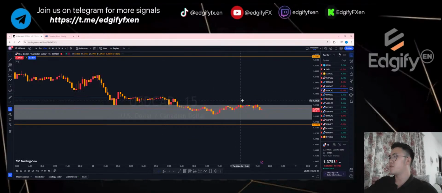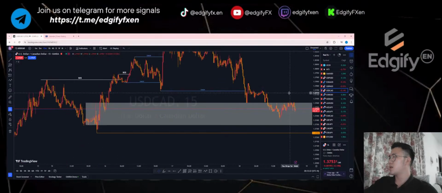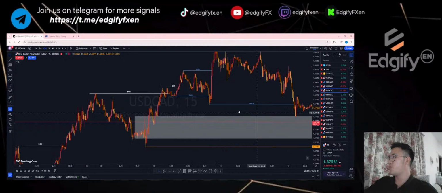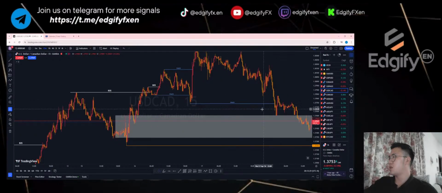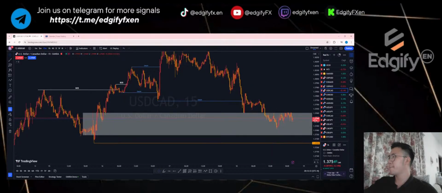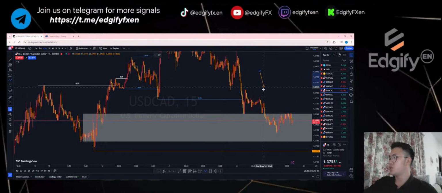Moving on to the 15, it's where we will look for buy. Currently we have this momentum here, breaking this low, coming downwards. In order for us to buy, we need to see some confirmation on the 15, something like this.